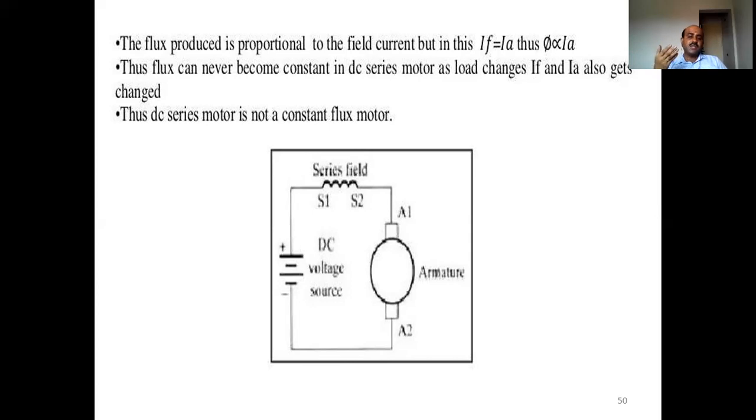Therefore, in the case of a DC series motor, the flux can never become a constant. So the DC series motor is not a constant flux motor, whereas the DC shunt motor is a constant flux motor. Please understand this circuit diagram over here.